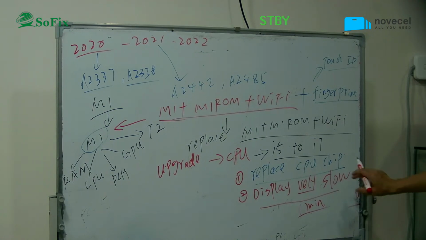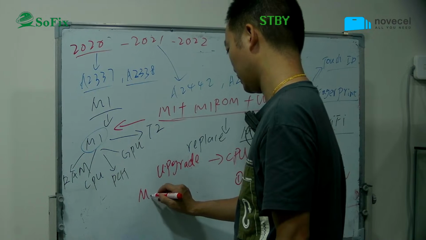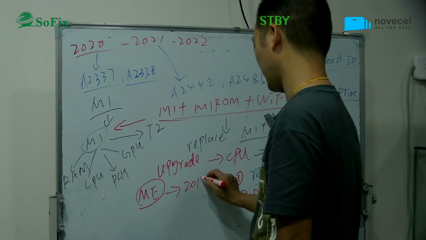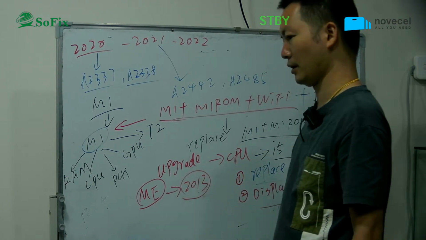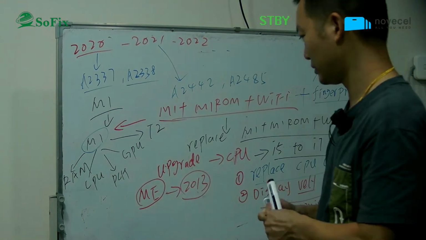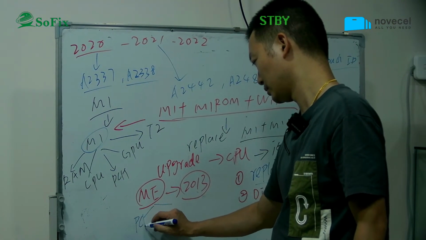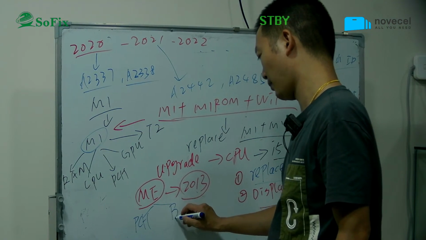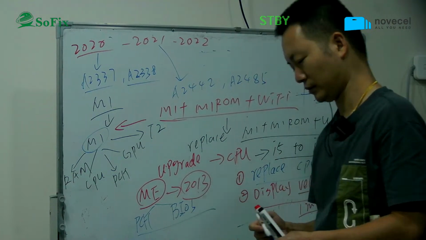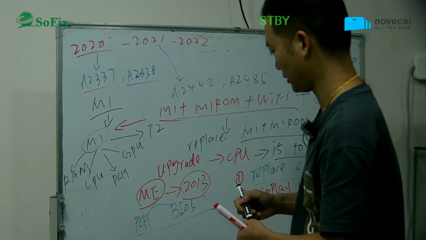Why is this one slow? Because of the ME. Before, I told you the ME from 2013, from this year, has its data on one side in the PCH and the other side in the BIOS. Now you only replace the CPU, but the PCH is inside the CPU.